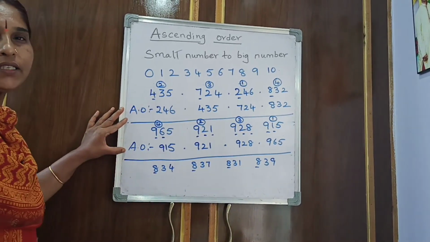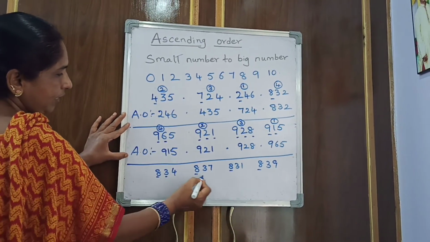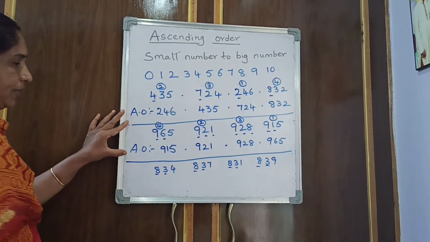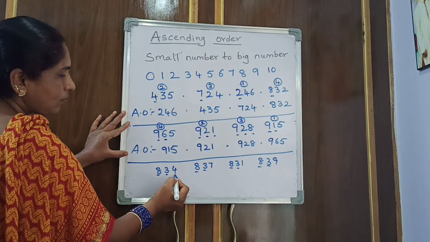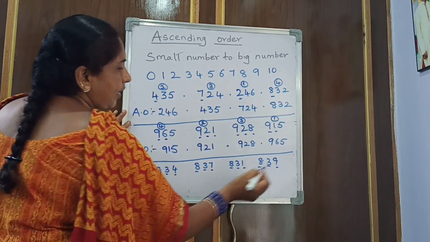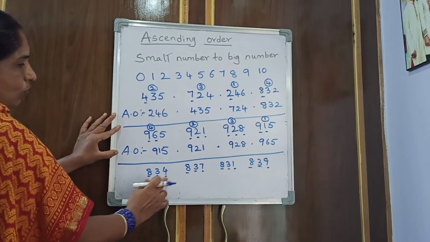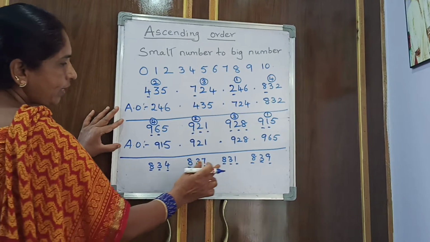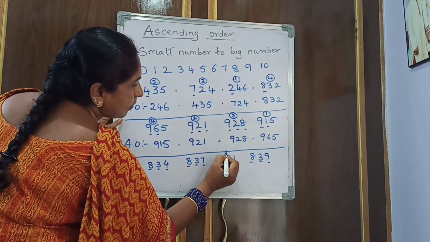All the first numbers are same. 3, 3, 3, 3. Second numbers are also same. Now see the third number, 4, 7, 1, 9. So out of 4, 7, 1, 9, which is the smallest number? 1 is the smallest number.